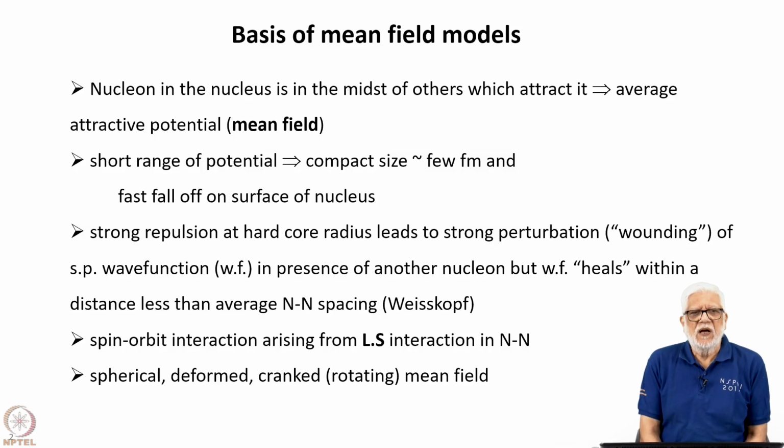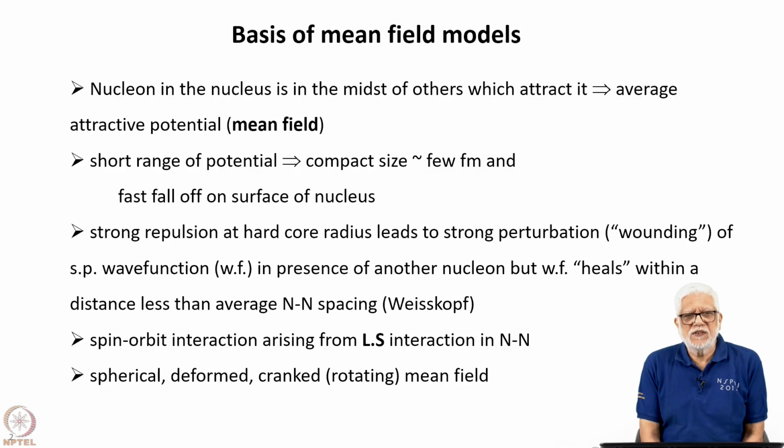Okay, so there is strong repulsion at the hard core radius, which leads to a strong perturbation, and that can be termed as wounding of the single particle wave function when you have another nucleon close by. But this wave function heals at larger distances, within a distance less than the average nucleon-nucleon spacing, and this was shown by Victor Weisskopf in the 40s and 50s.